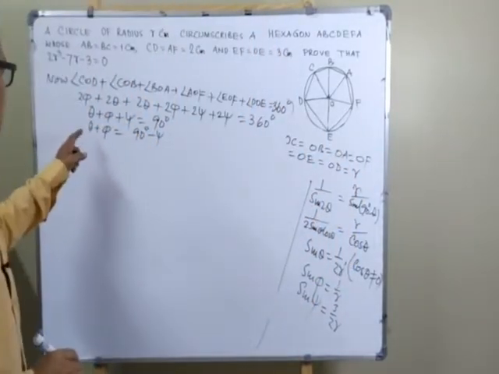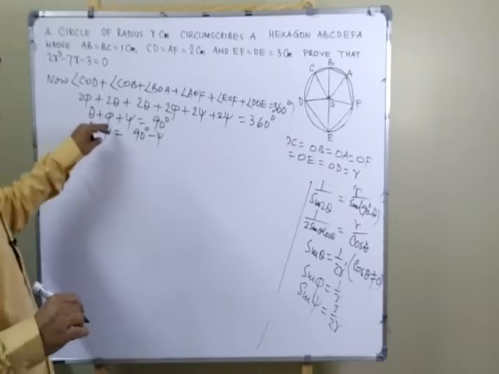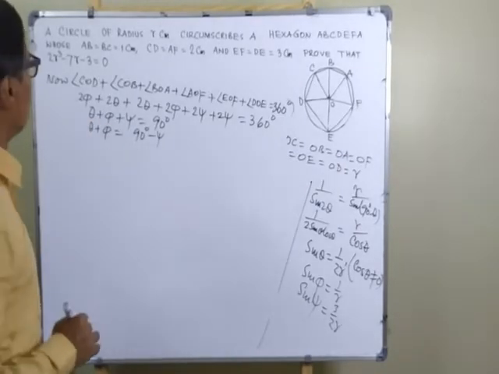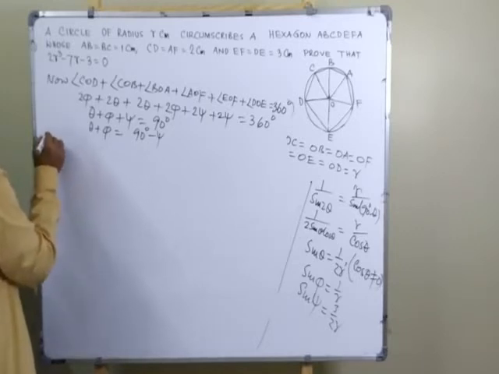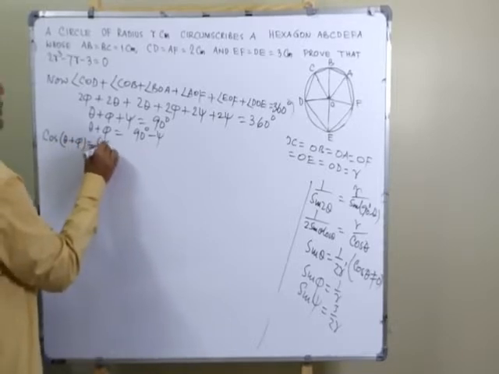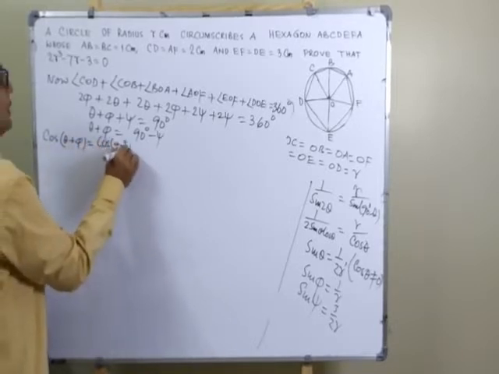Now we can take cosine on both sides. So cos of theta plus phi is equal to cos of 90 degree minus psi.